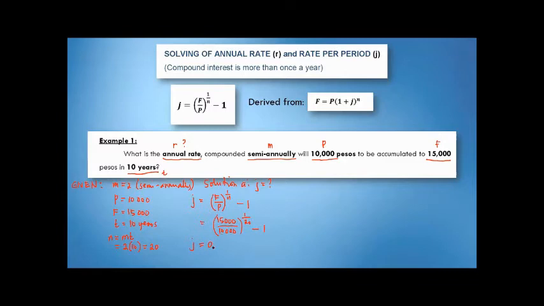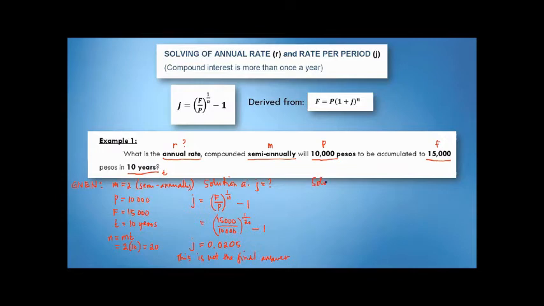So that is 0.0205, rounded up to 4 decimal places. Pero this is not the final answer, because we are looking for the value of R.